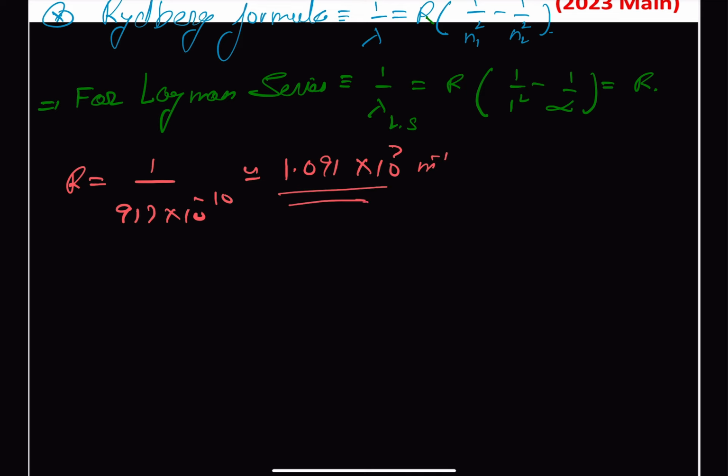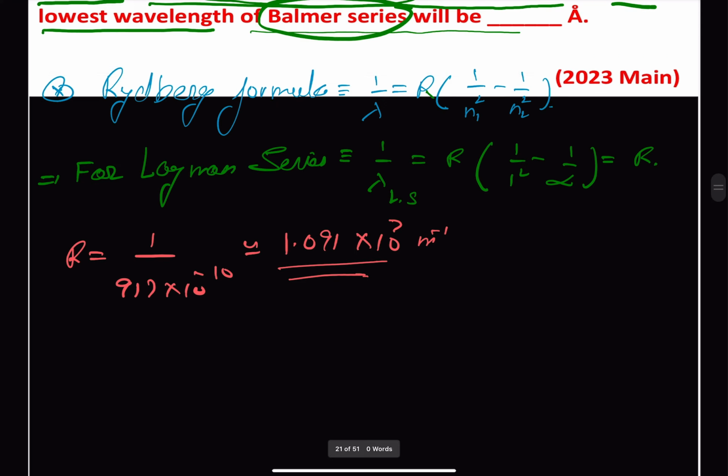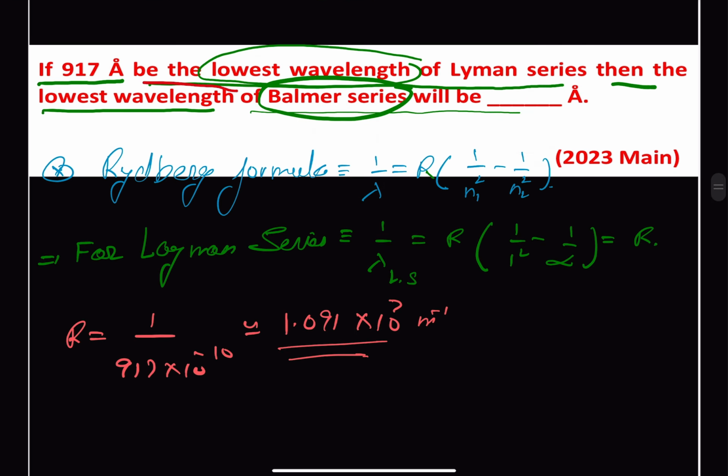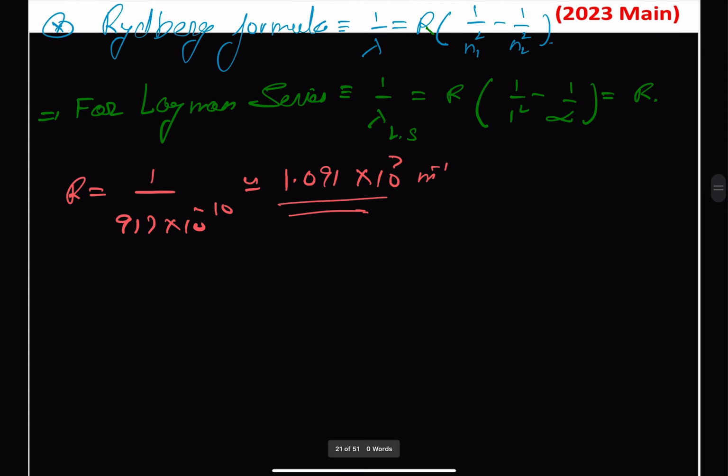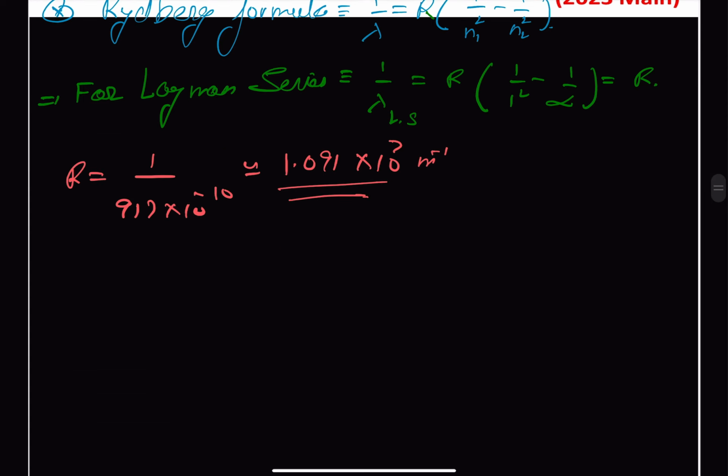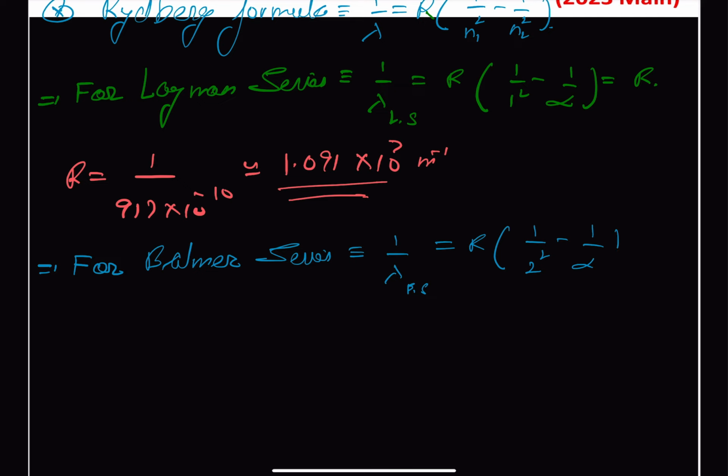In both cases, please remember that we have to solve it for the lowest wavelength. Similarly, we can write for the Balmer series: 1 upon lambda Balmer is equal to R times 1 upon 2 square minus 1 upon infinity.